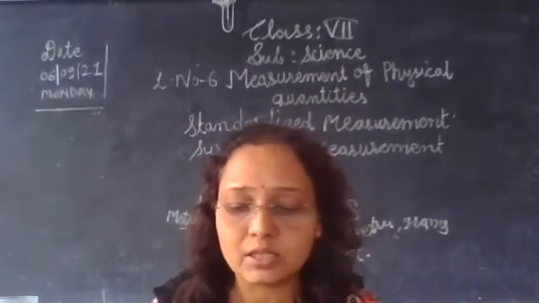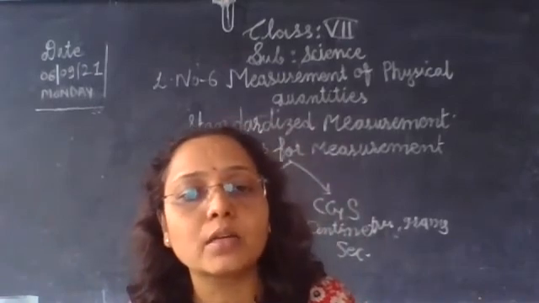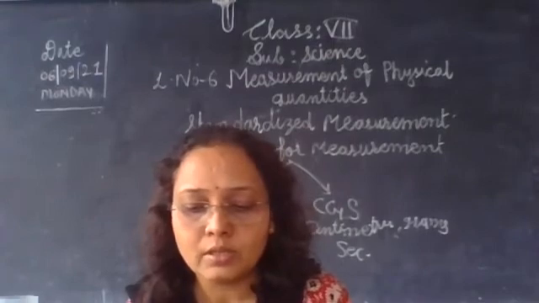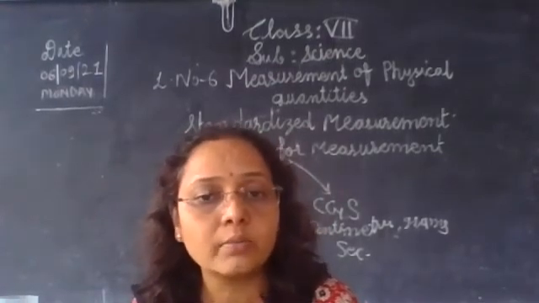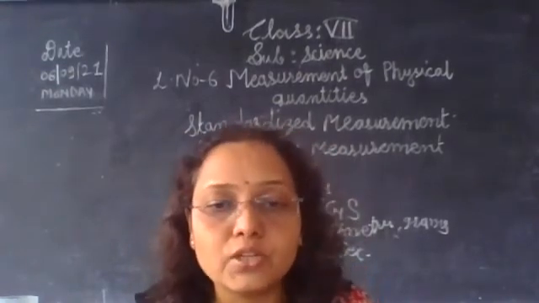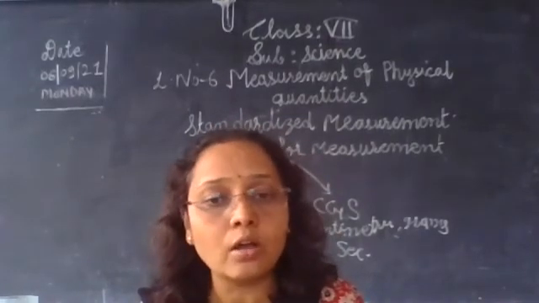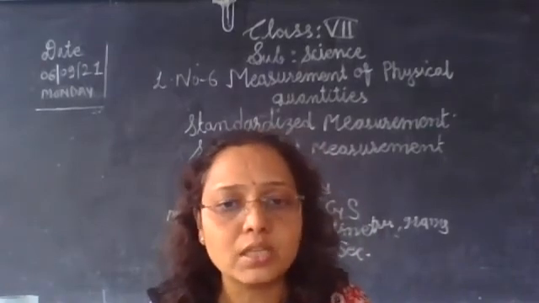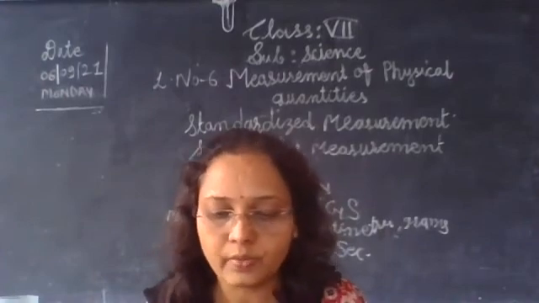An international system of units based on 7 fundamental units is called the system international, that is the SI system. We all call them the SI units of measurements. Okay, so it's currently used all over the world. All over the world people use these SI units to measure quantities.